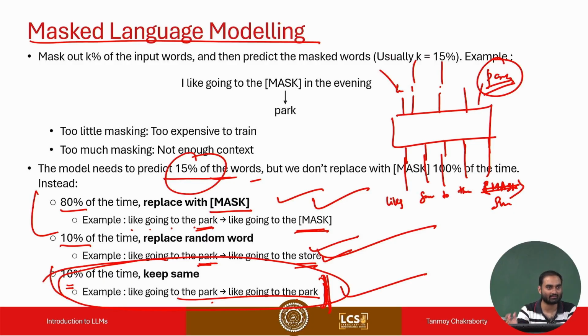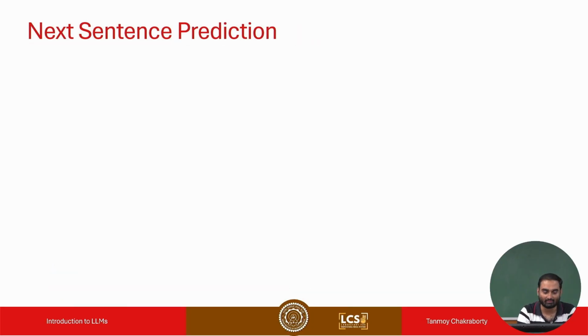There is another objective. The other objective is next sentence prediction. What is it? In our free form corpus, I know that sentence 1, sentence 2, sentence 3, sentence 4, these are the sentences. Sentence 2 follows sentence 1, sentence 3 follows sentence 2, and so on.